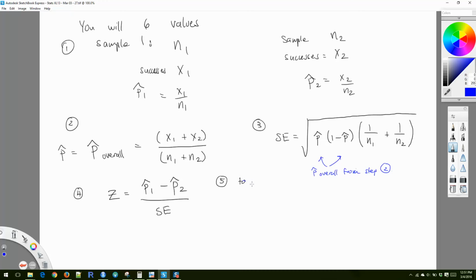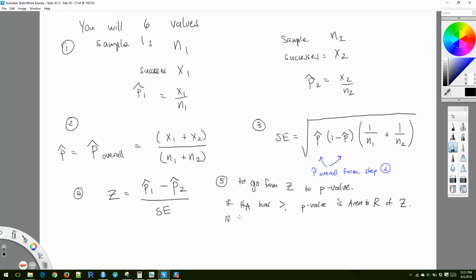So then lastly, to go from your z-score to a p-value: if the alternative has a greater than sign, your p-value is the area to the right of z. And we know how to do that, right?